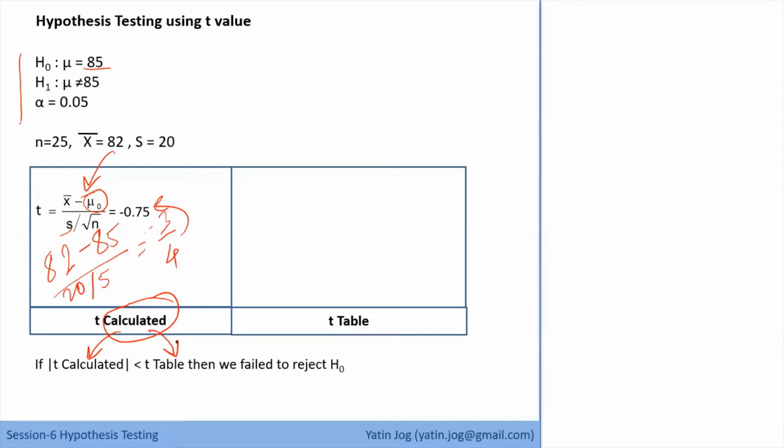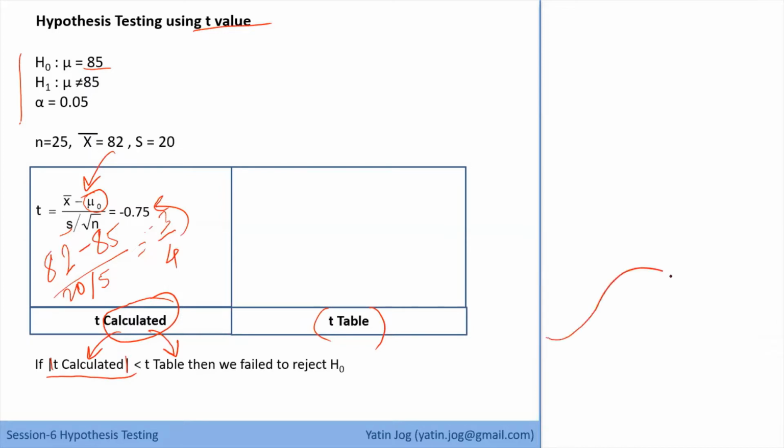So on the right hand side I should have the table value, or the constant, or the critical value. And for this problem, because we are using t value analysis, I'll use t table. Now I'll tell you how to read t table. If you look at this rule, what we are doing is taking mod of the calculated value.